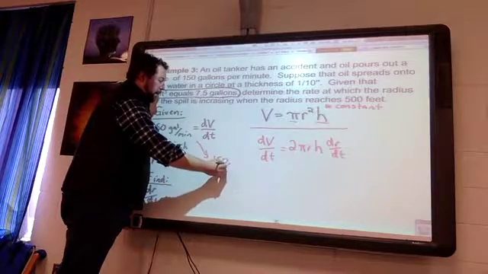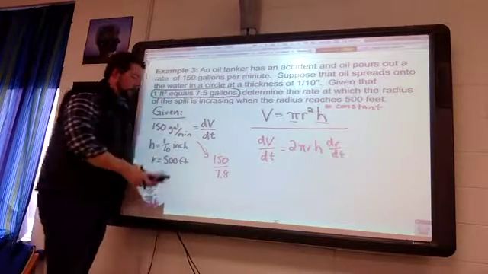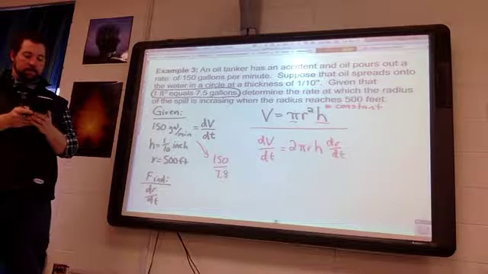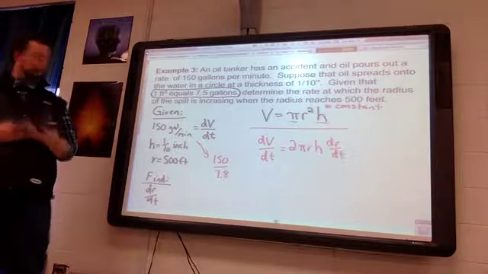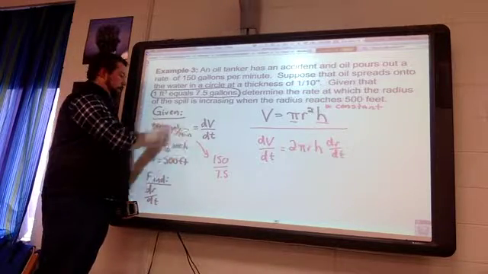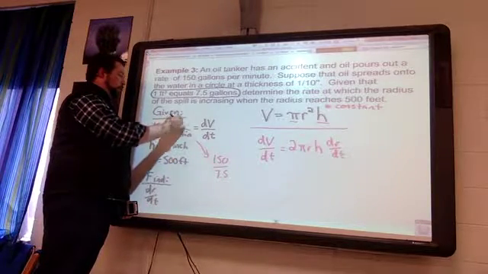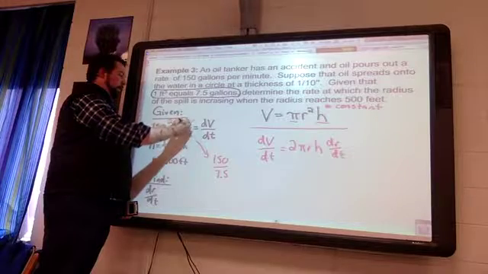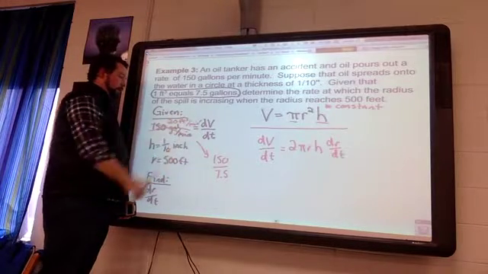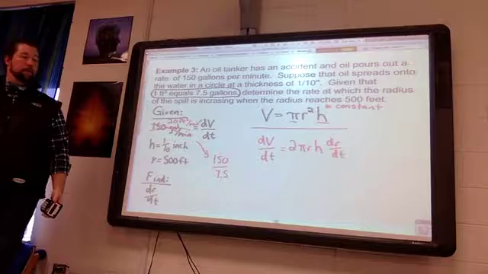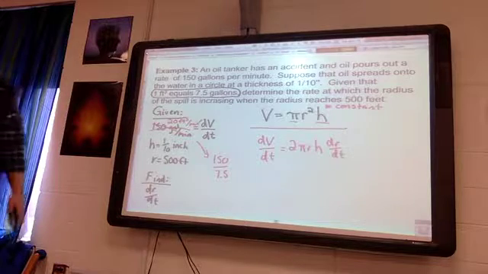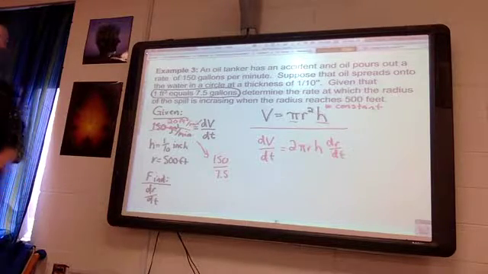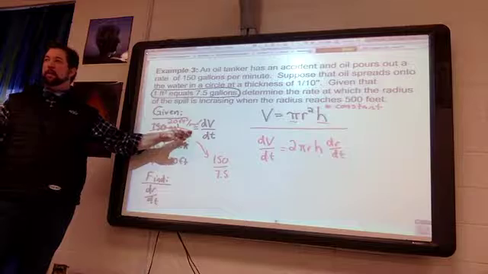So we can rewrite this as 20 cubic feet per minute. It's 150 gallons. How many 7.5s are there in 150 gallons? 20 of them by dividing. So 20 cubic feet per minute is our dV/dt.